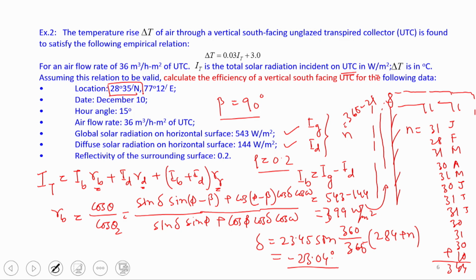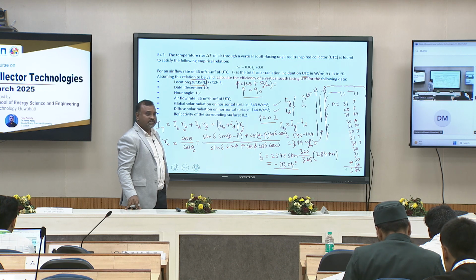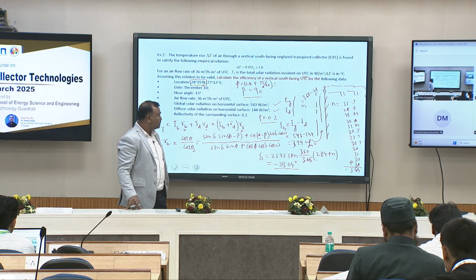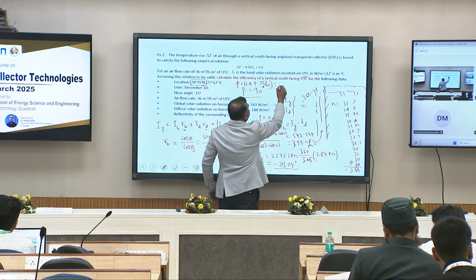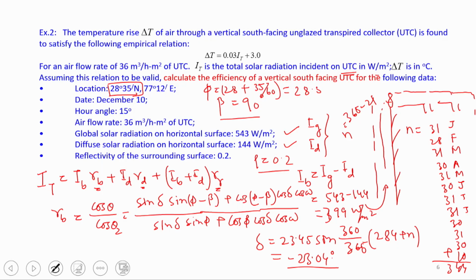Phi you can find out from here, then phi will be 28 plus 35 by 60. What is this value? Phi is 28.583.